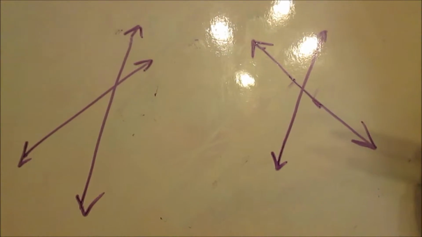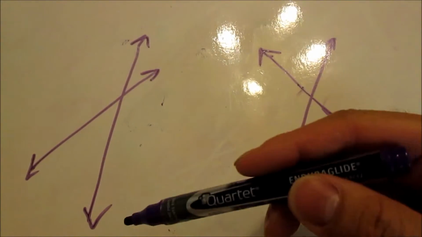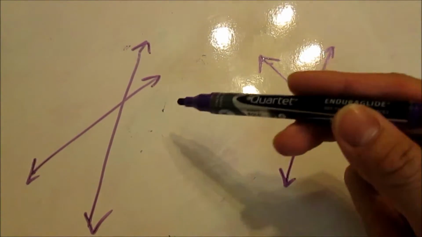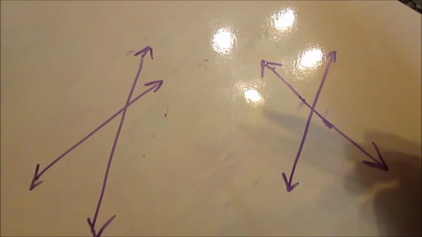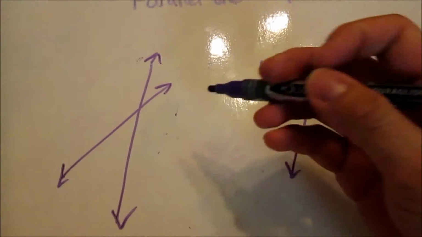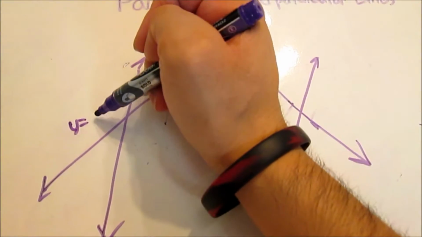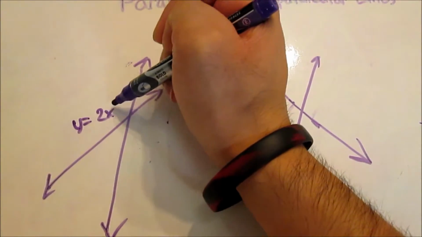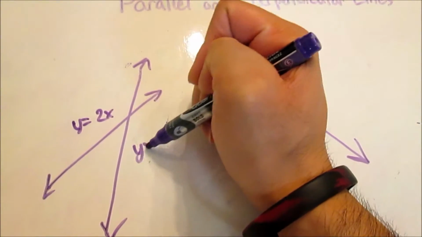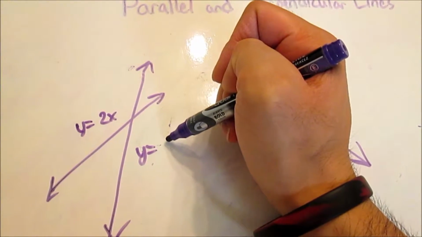Moving on to perpendicular lines. Now, perpendicular lines are more than just 2 lines intersecting. Let's say this is y equals 2x, and this one is y equals 4x.